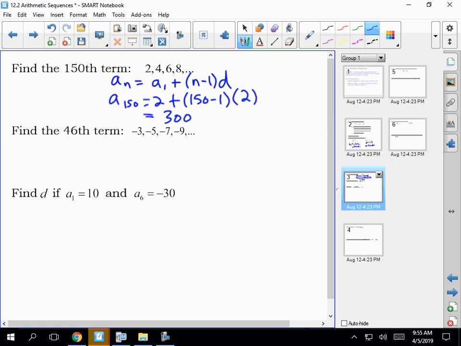Go ahead and see if you can find the 46th term of the next one. Do it and then check with the person next to you. So, using that formula, find the 46th term.